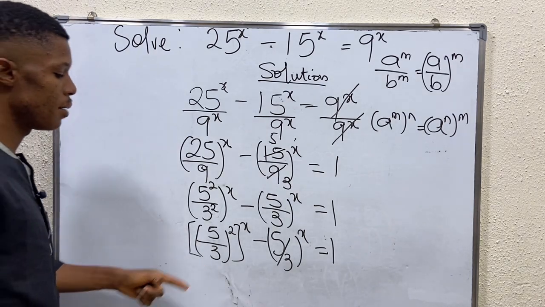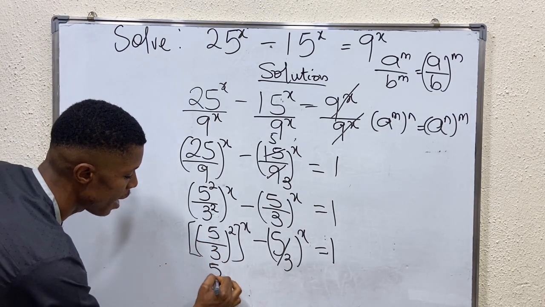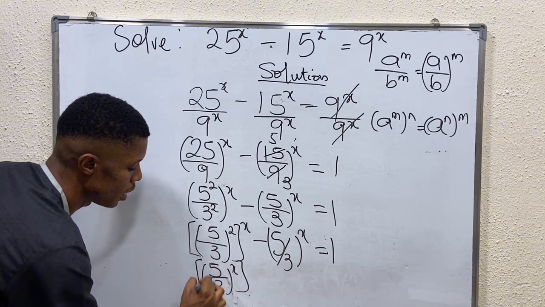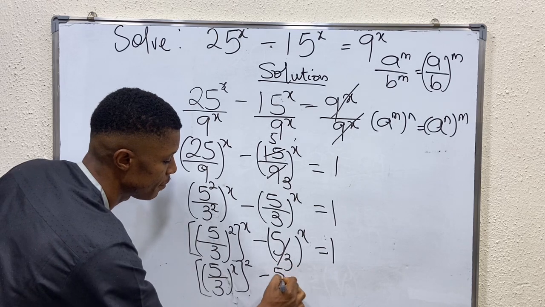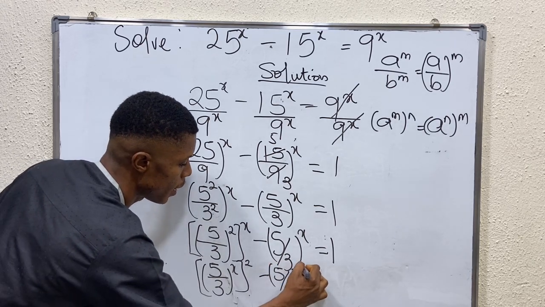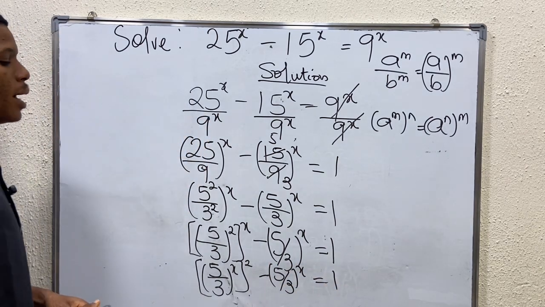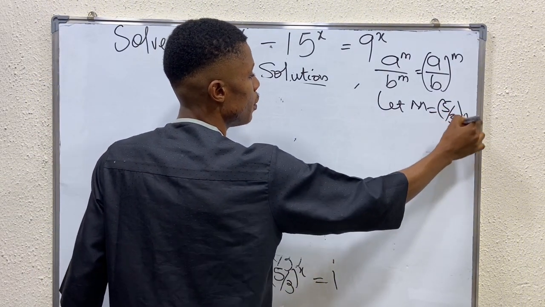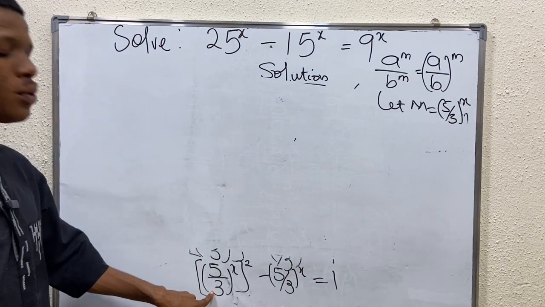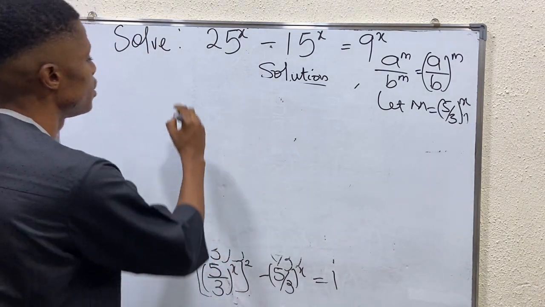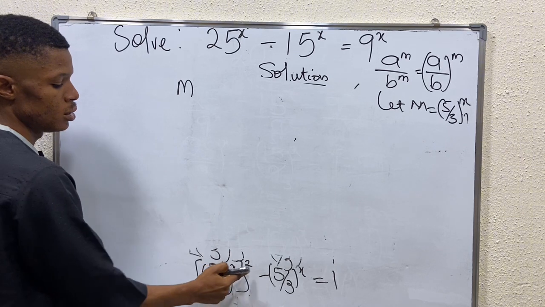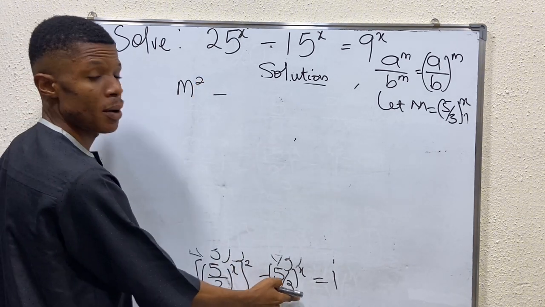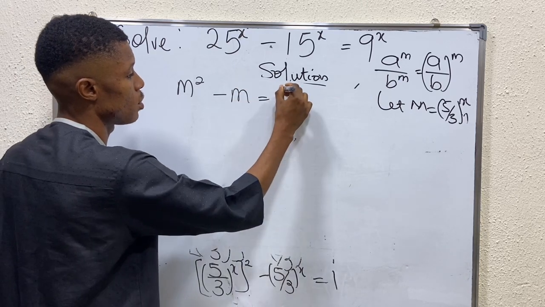So applying it here, we can write it as 5 over 3 raised to power x all squared minus 5 over 3 raised to power x is equal to 1. We will redefine 5 over 3 to the power of x in terms of m. So this becomes m squared minus m is equal to 1.